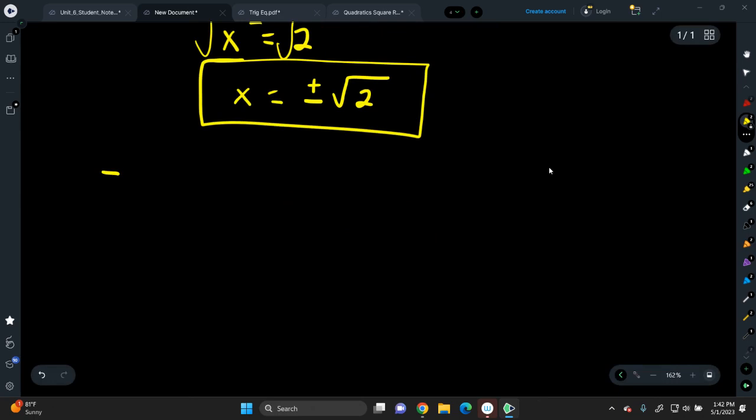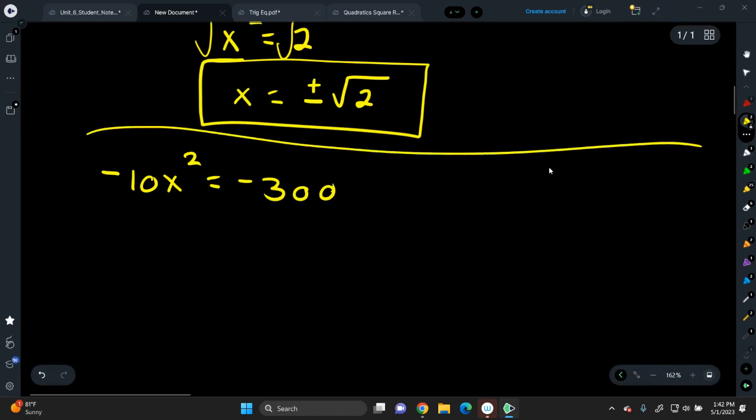Let's do negative 10x squared equals negative 300. Okay. RJ, what am I going to do? Not yet.